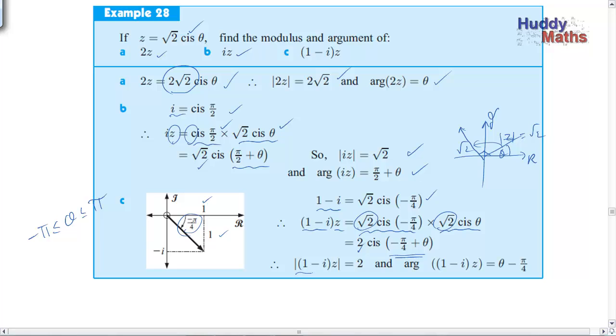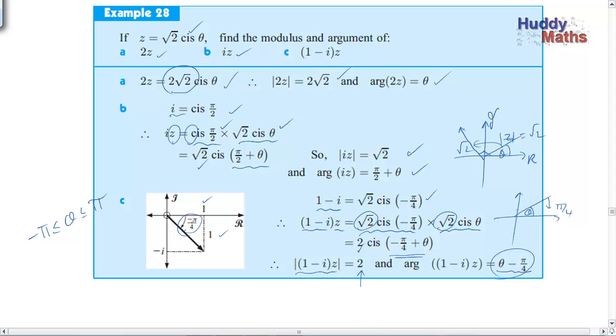Okay, so what is the argument? What is the size of this complex number? The modulus is 2, and the argument is that. So that's a neg pi on 4 rotation now, so you're adding on neg pi on 4. So what would that look like? If that's theta, you're coming down pi on 4.